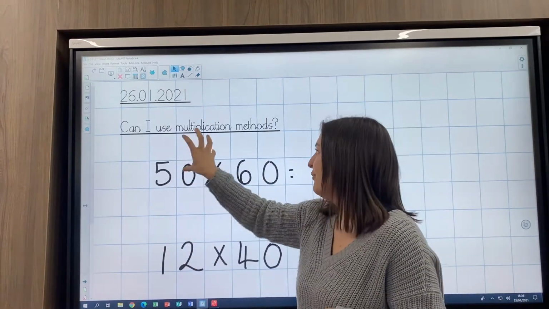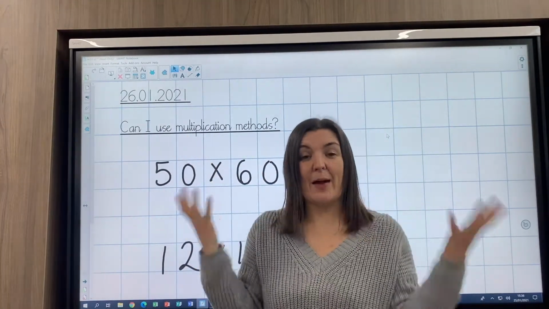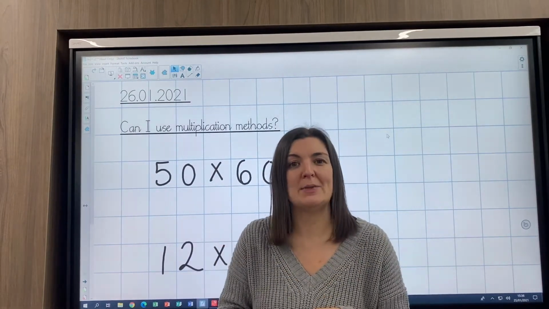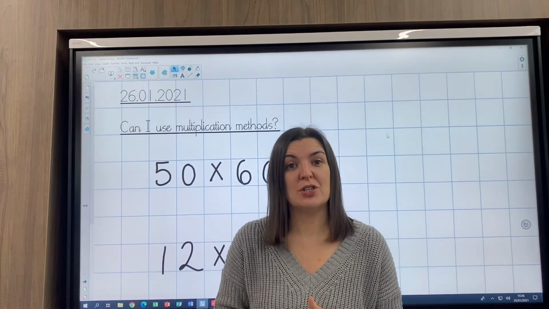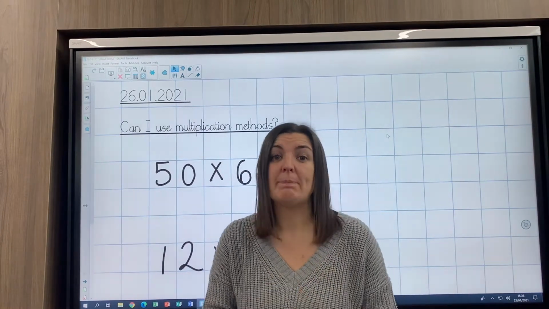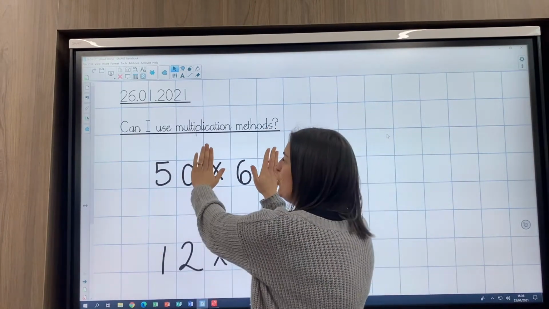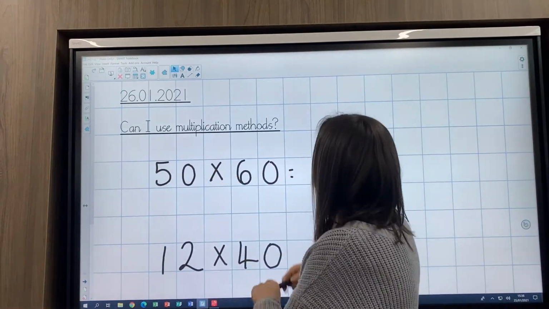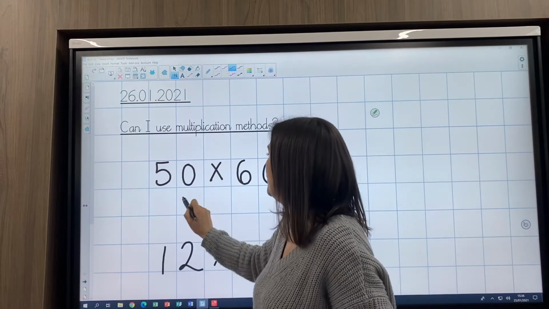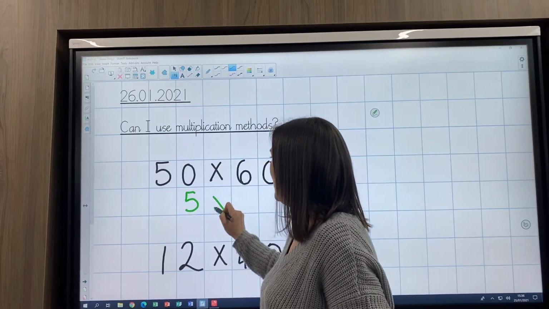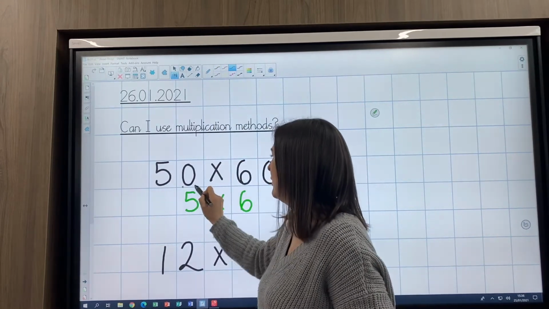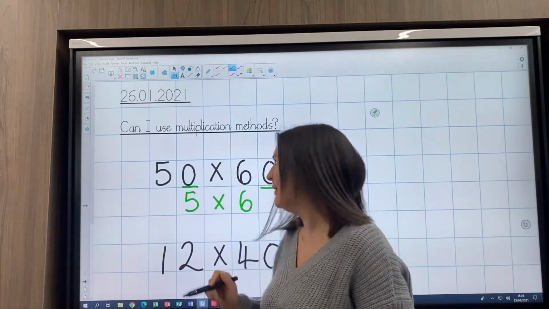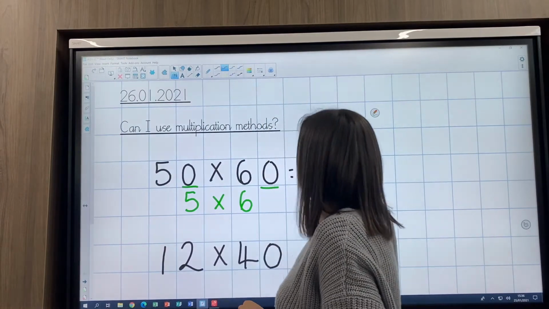So here I've got 50 times 60. Now that might feel like, oh, I don't know my 50 times table and I don't know my 60 times table, so I don't know how I'm going to do that. But a top tip, the first step is to cover the zeros up. Now once you've covered the zeros up, you do know your 5 times table and your 6 times table. So I know that 5 times 6 is 30, so I'm going to write that down.